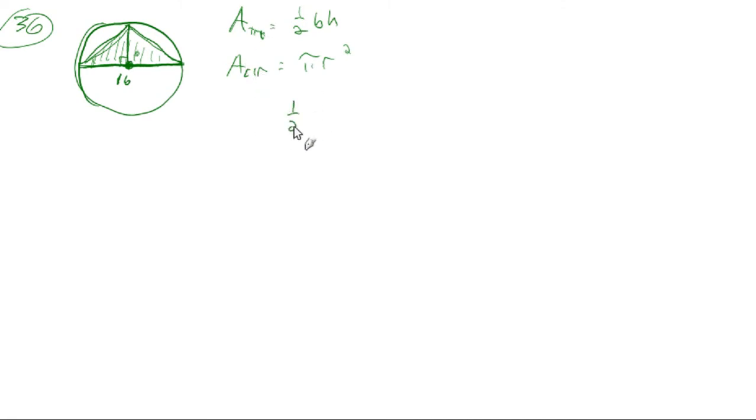So that's 1/2 times base, which is 16, times height, which would be 8, according to that picture, over pi times r. R is going to be from here to here, that radius. That's going to be 8 squared. Okay, so a factor of 8 cancels with that factor of 8. There's a factor of 8 in 16, so that cancels out this 8, and this goes to 2. 2 times 1/2 is 1, so 1 over pi.